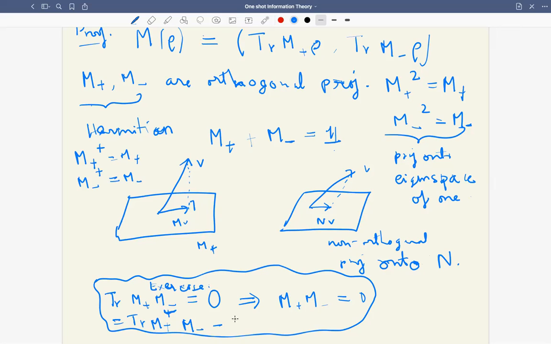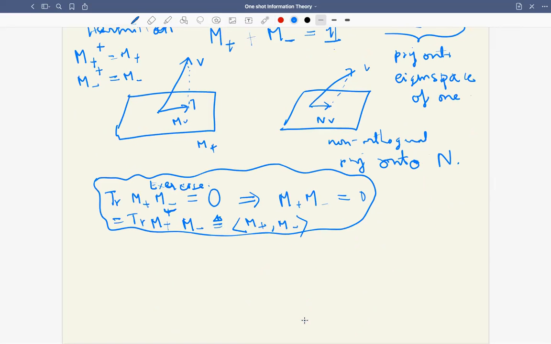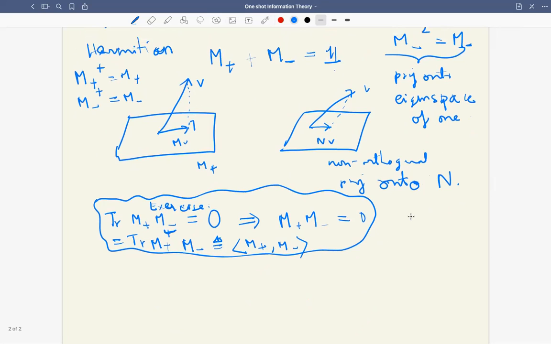So this is defined to be the inner product between m plus and m minus. This is again some notation which we did last time. So, more comments, questions? Is the geometry clear? Okay, let's proceed.